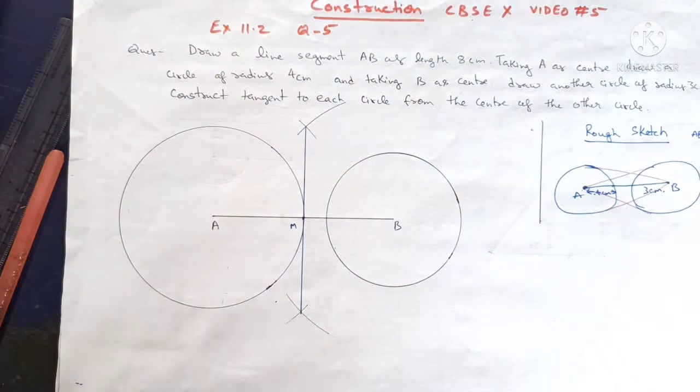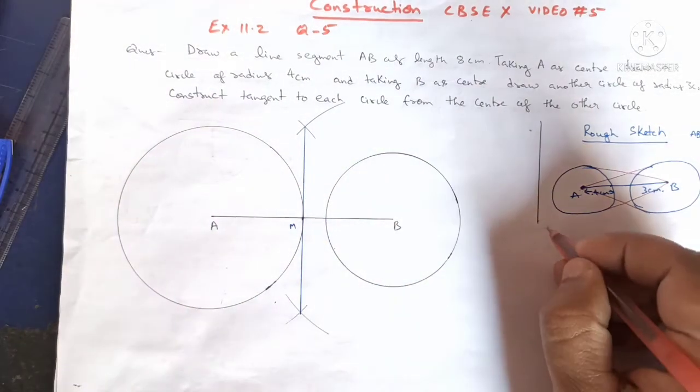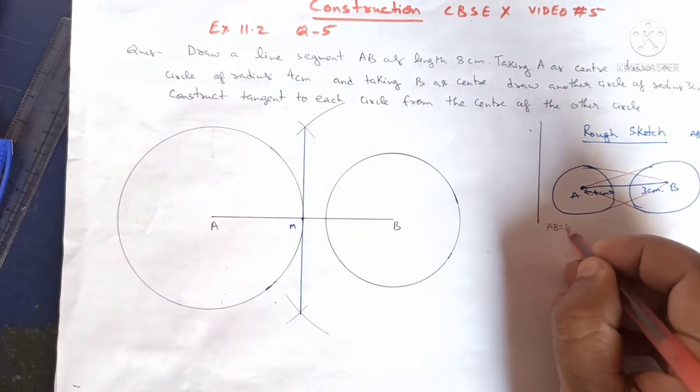One thing to be noted over here is that the midpoint of this line segment AB is lying on the circumference of the bigger circle. This can be verified also. We already know that the length of AB is 8 centimeter.